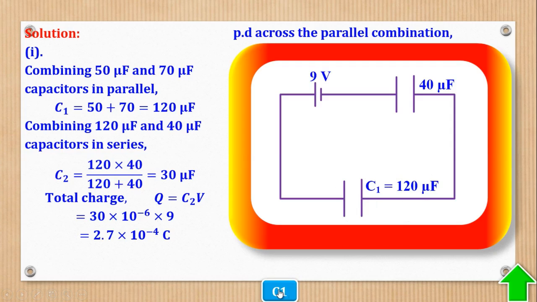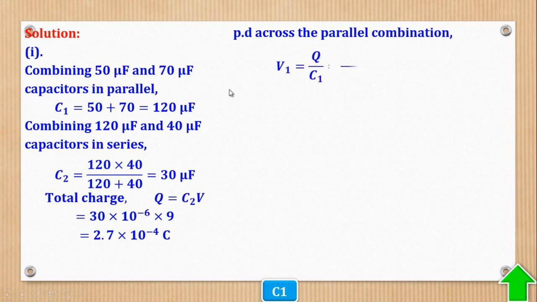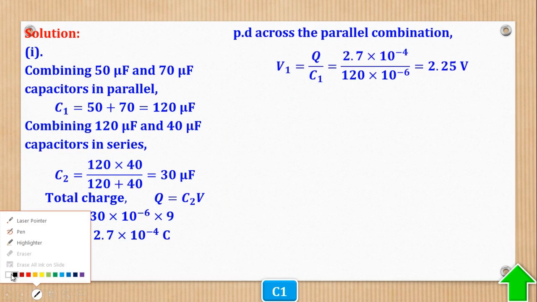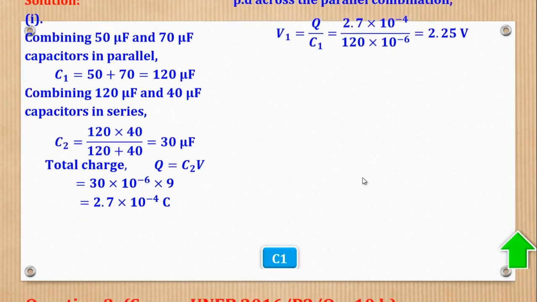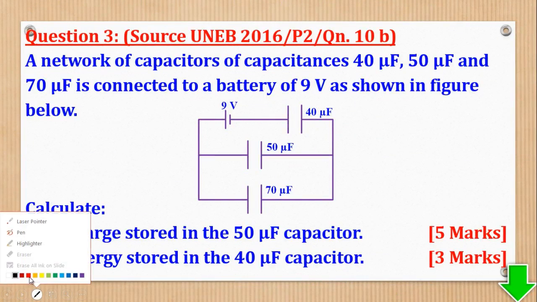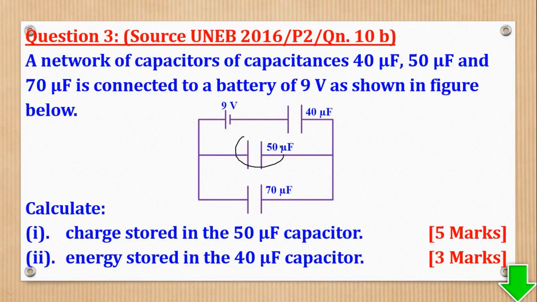So the PD across that will be the total charge over the capacitance for the parallel combination, which we got here, to give you the PD across the parallel combination as that. So now that means the PD across this is 2.25, also the PD across this is 2.25.